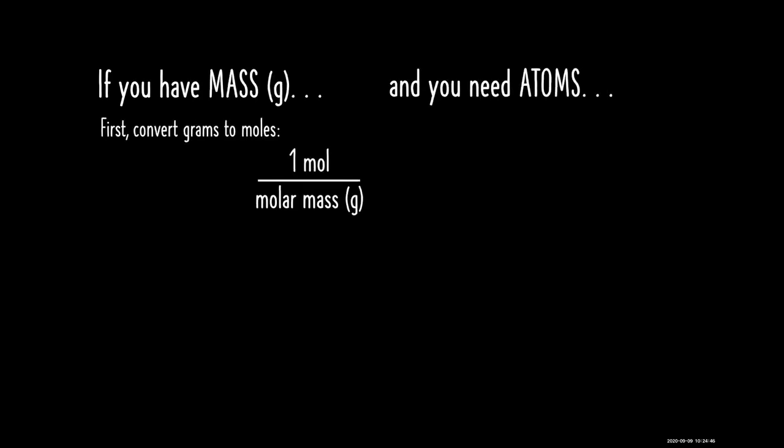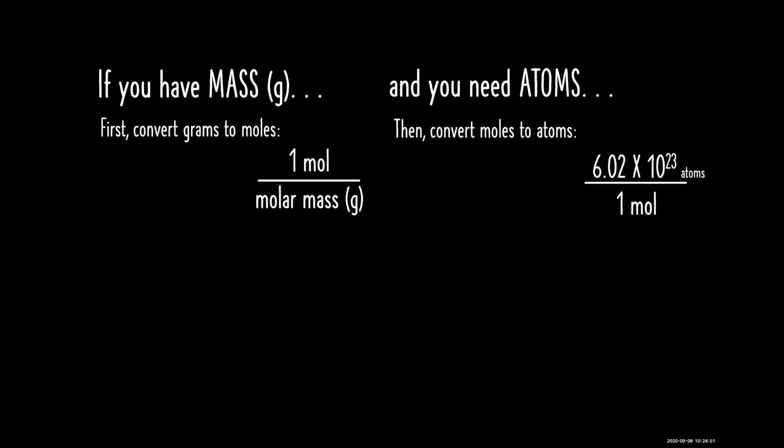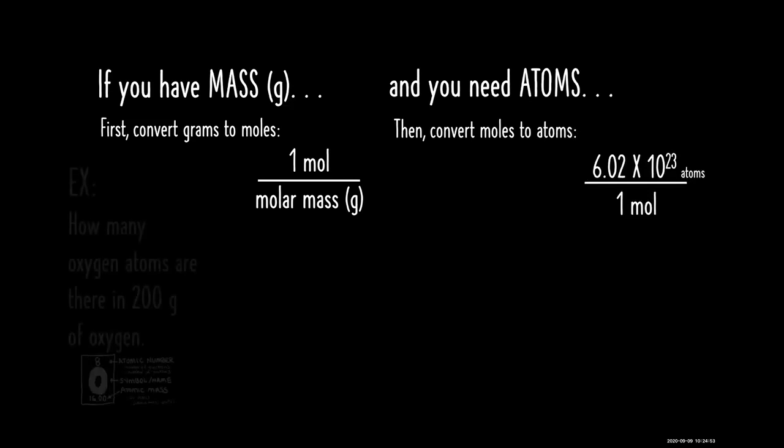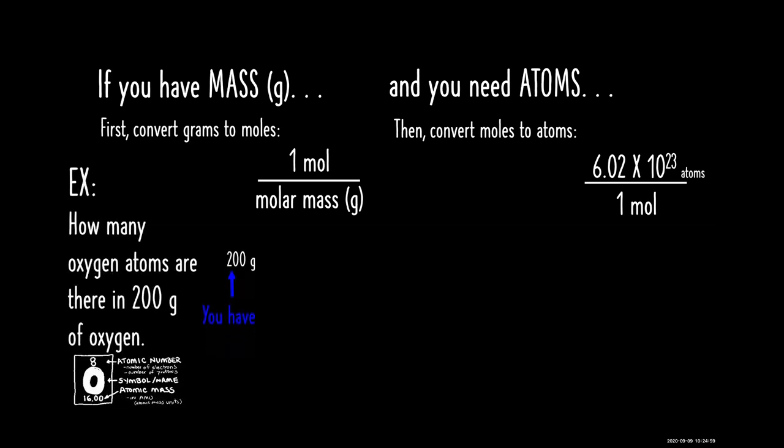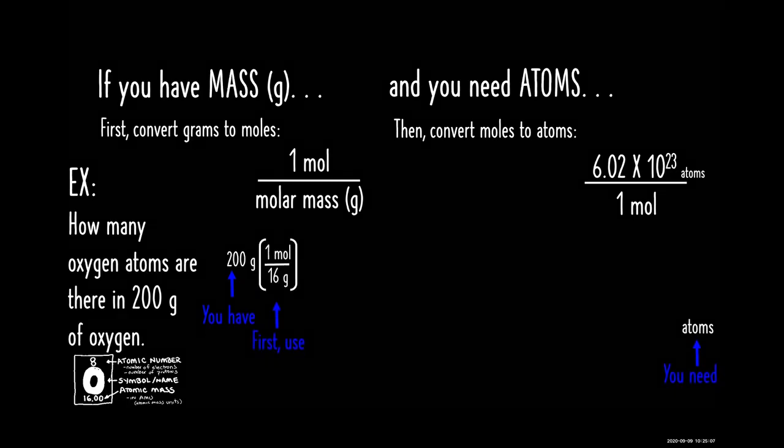If you have mass and you need atoms, first convert grams to moles using this conversion factor, and then convert moles to atoms using this conversion factor. So for example, how many oxygen atoms are there in 200 grams of oxygen? Well, you have 200 grams and you need atoms. So multiply 200 grams by the conversion factor of 1 mole over 16 grams, which is the AMU for oxygen.